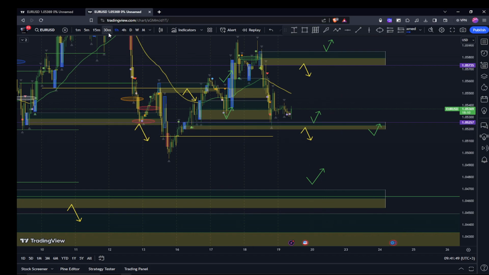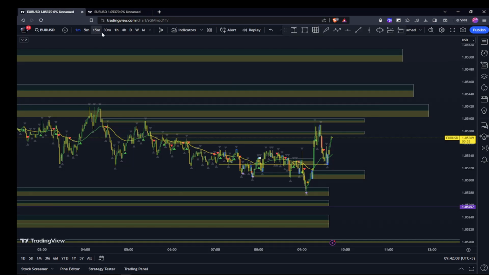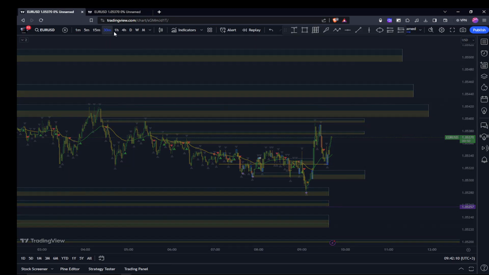I get the bias immediately. Now I consider 1 hour, 4 hour, daily, weekly. Those are the higher time frames, and 30 minutes, 15 minutes, 5 minutes, and 1 minute are the lower time frames. And let's come to 30 minutes.